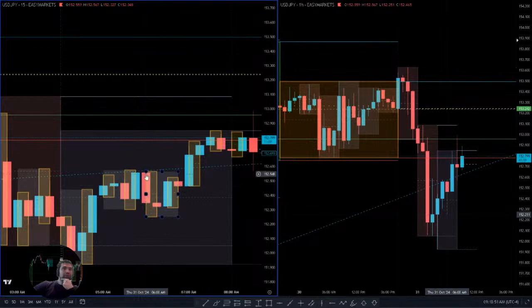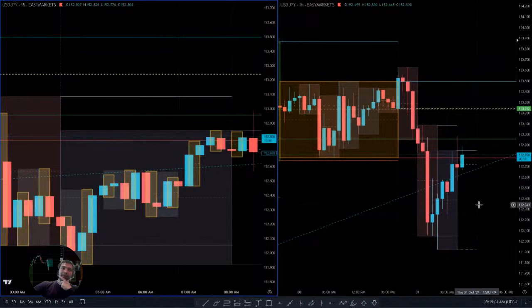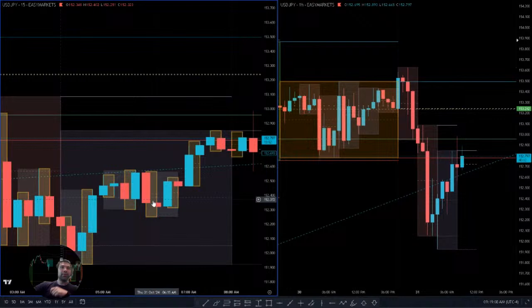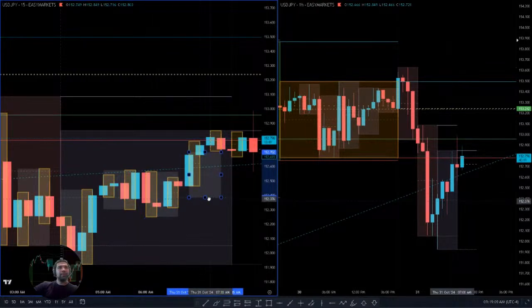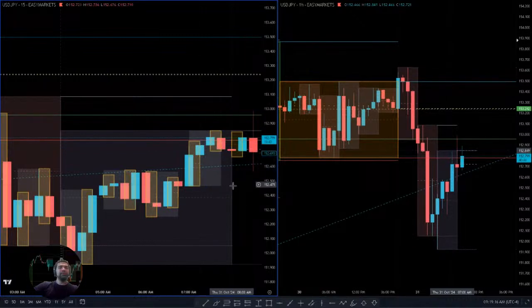Price is opening around here and closing around there. It's kind of like a bearish hammer, right? See, it's there. Bulls.